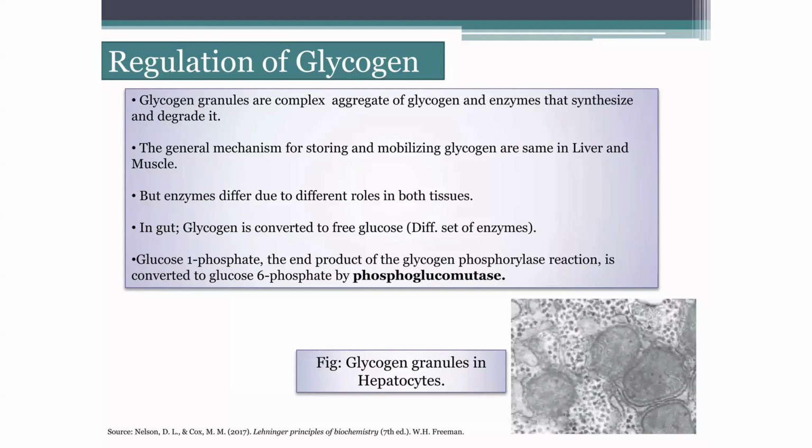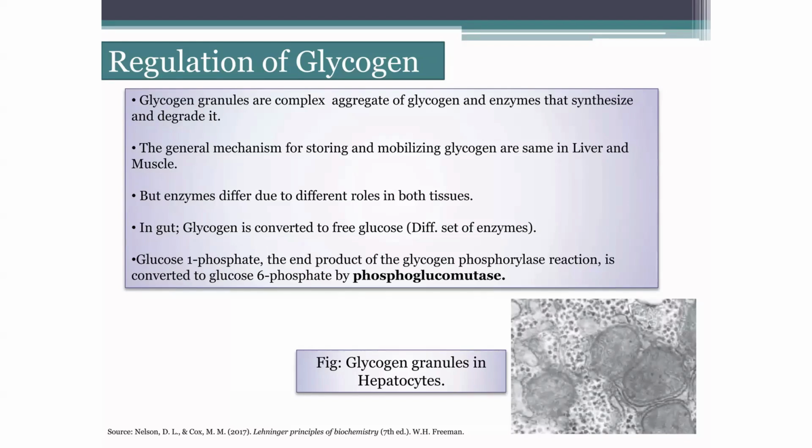So generally we have 2 organs in our body where glycogen is stored and mobilized: the liver and muscles. So glycogen can be stored in liver and muscles, but the enzymes differ with different roles in both tissues. In the gut, glycogen is converted to free glucose, and this is happening with a different set of enzymes.